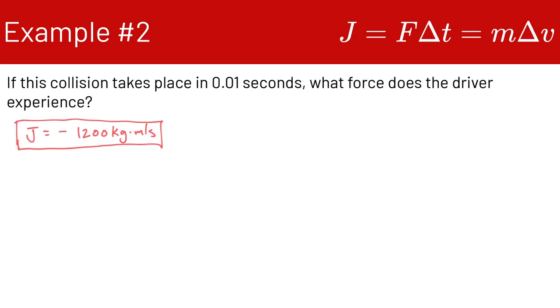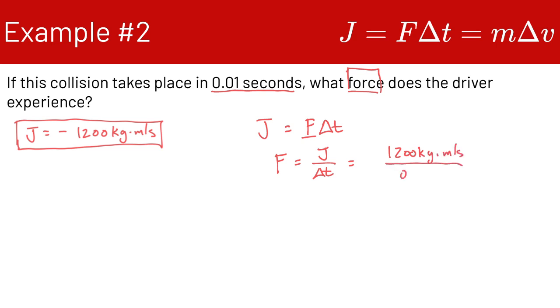Okay, so for problem number 2, if this collision took place in 0.01 seconds, what force does the driver experience? We already have our impulse from the previous problem. Now we want to figure out the force. Here we're going to use impulse is equal to force times delta T. So we're going to solve for force. Divide both sides by delta T. We end up with force is equal to impulse divided by the amount of time. Our impulse is 1,200 kilograms meters per second.